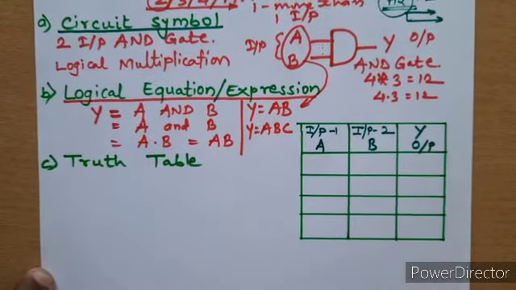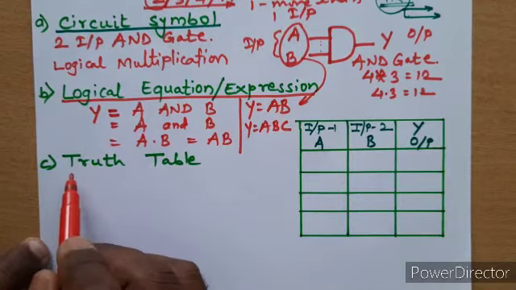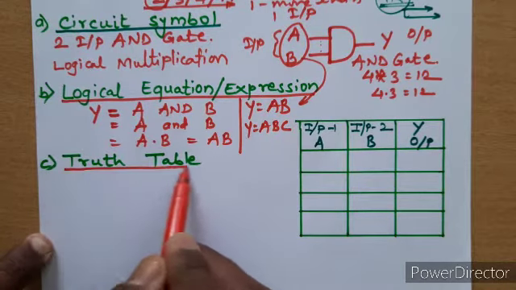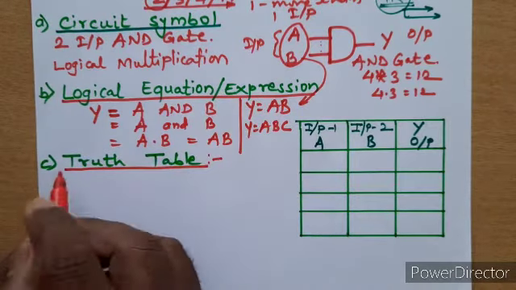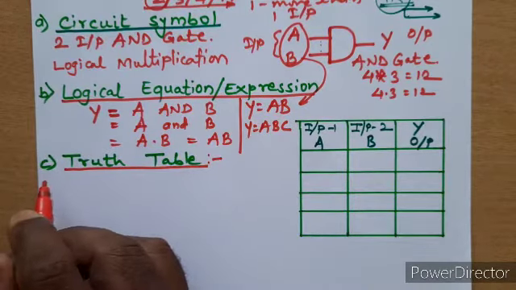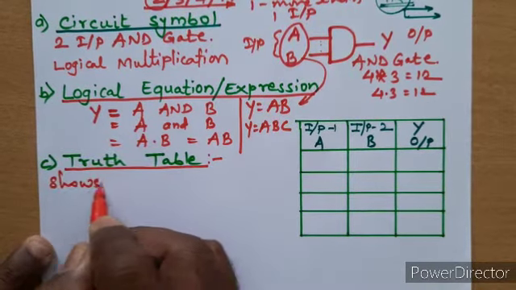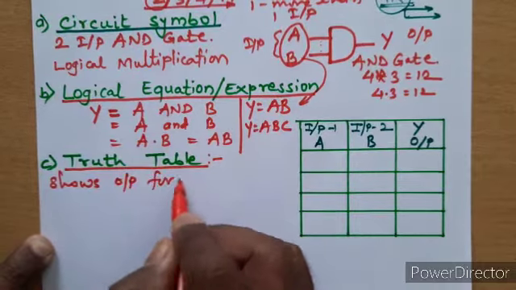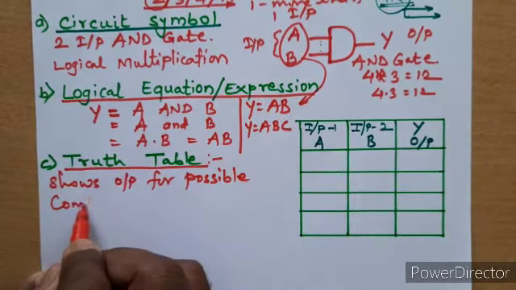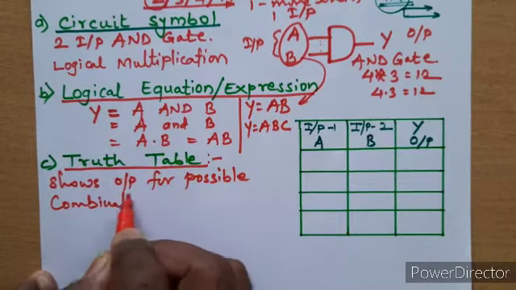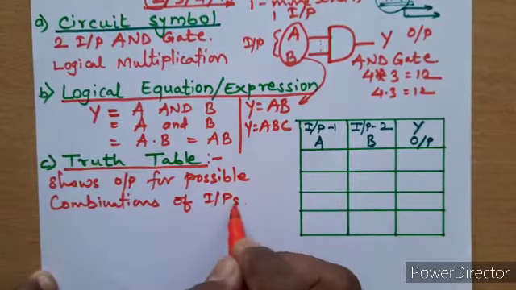Now very important part or concept for these gates is its truth table. Truth table simply shows the output for possible combinations of inputs.